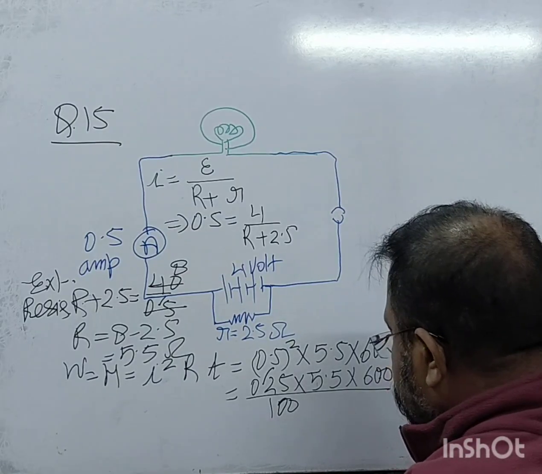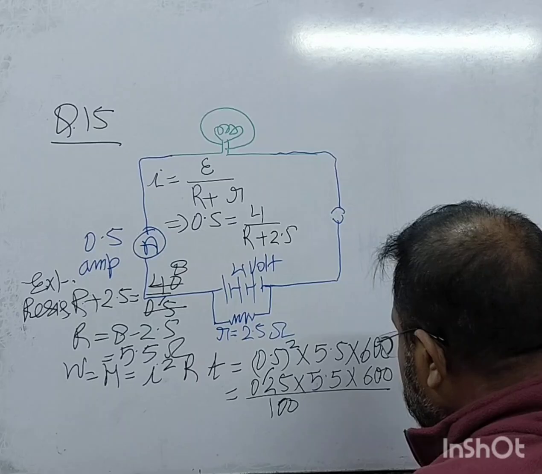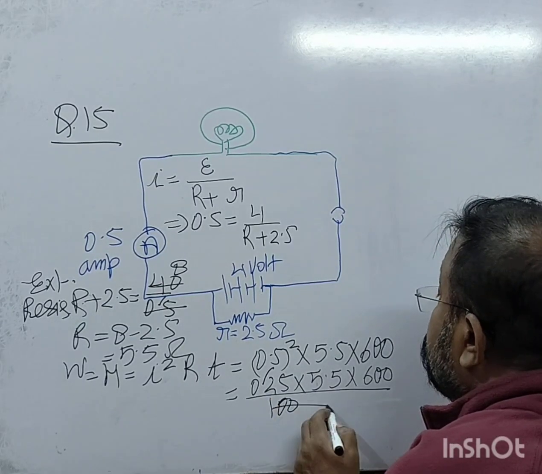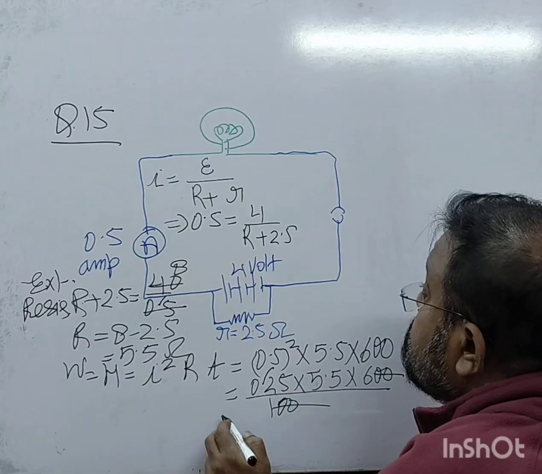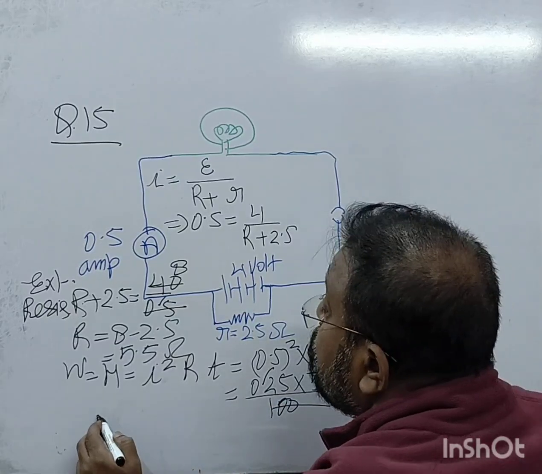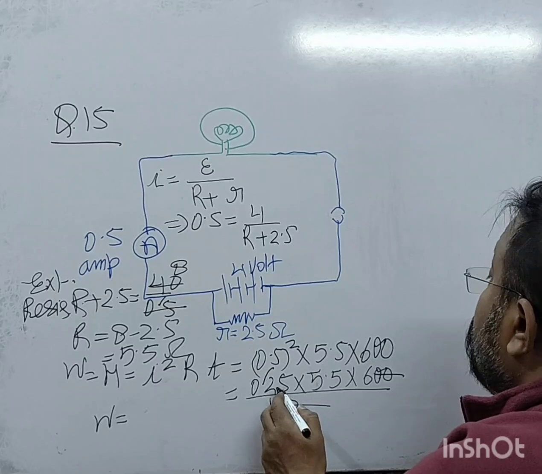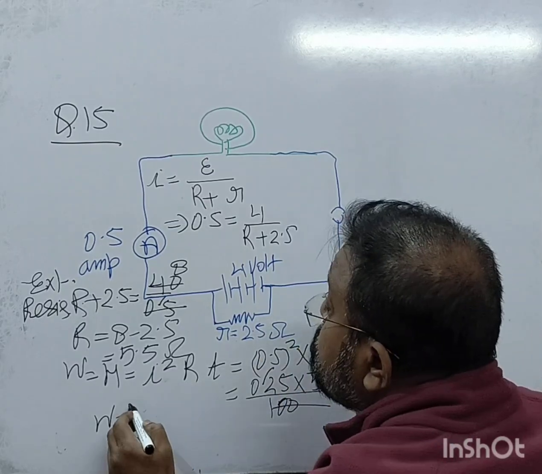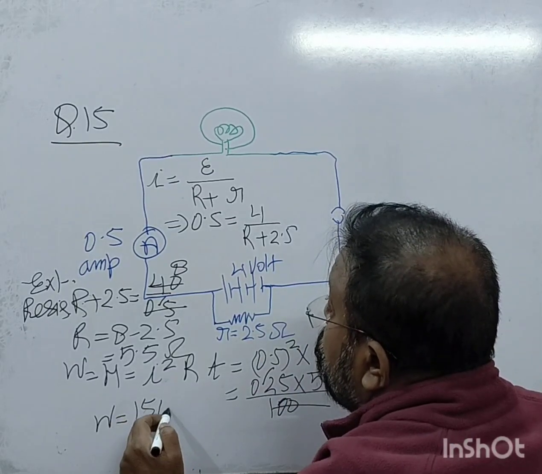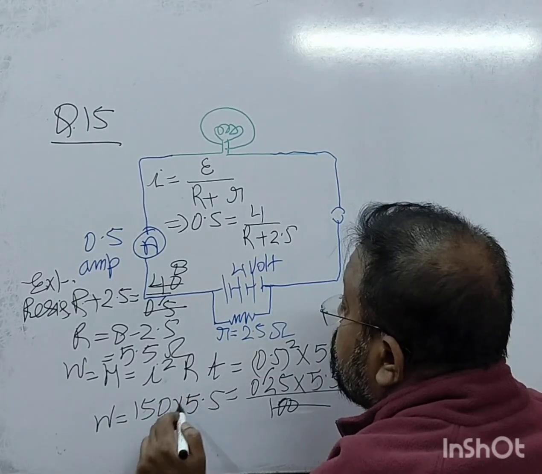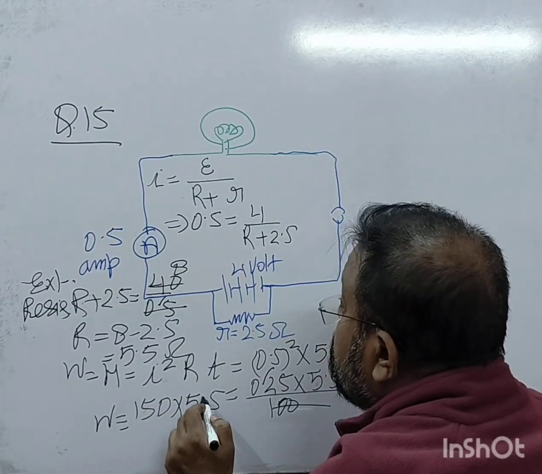So what happens? No issue, you multiply this and you get W is equal to 150 into 5.5. How much do you get?